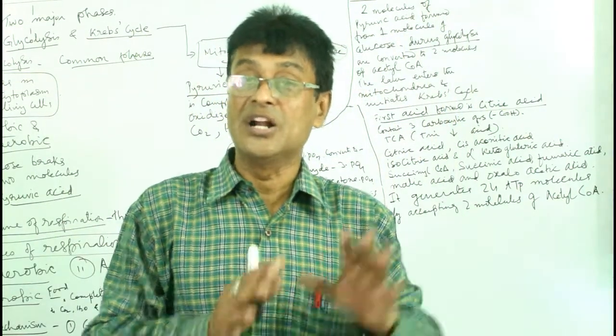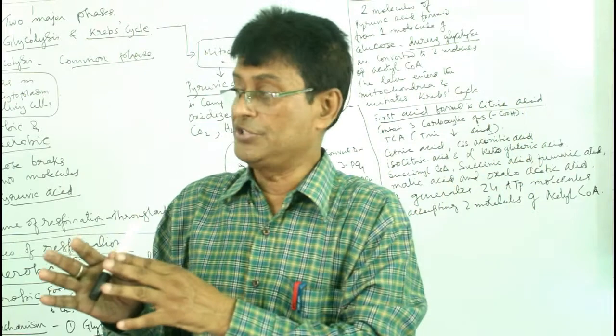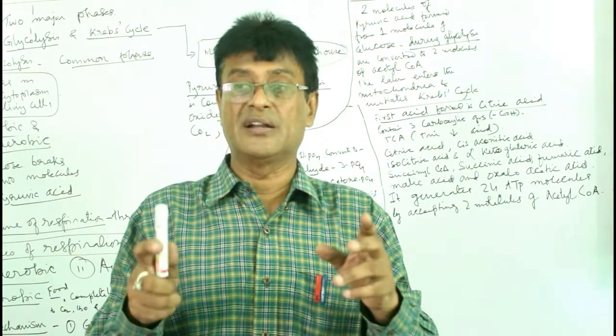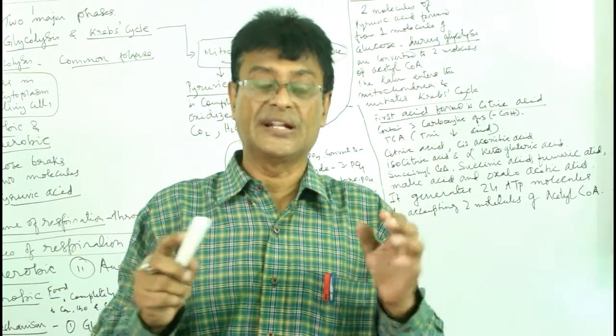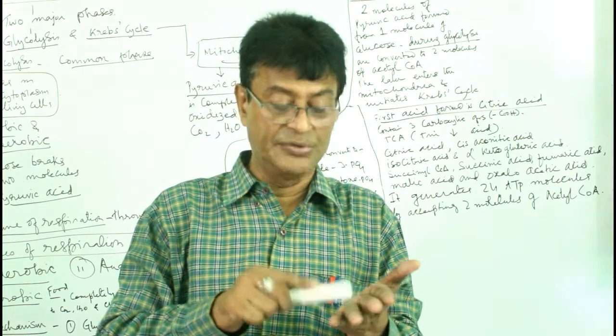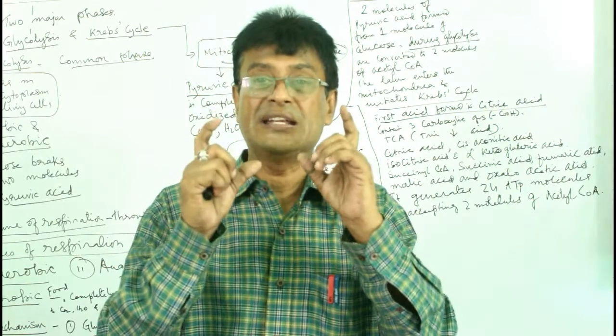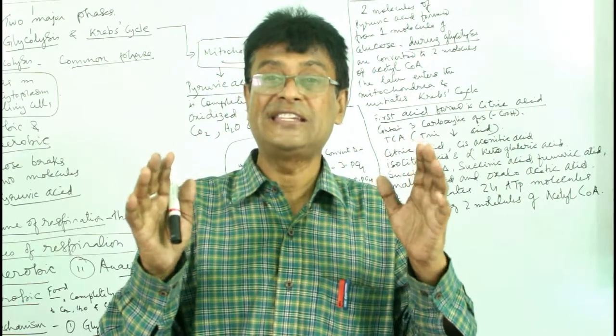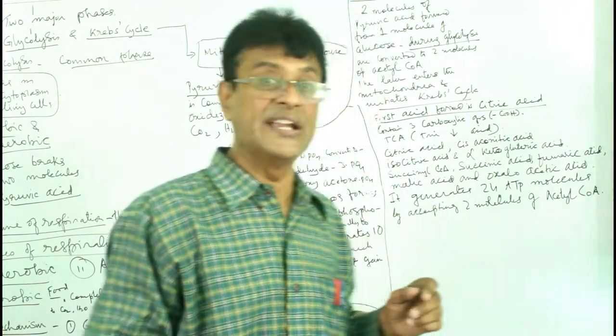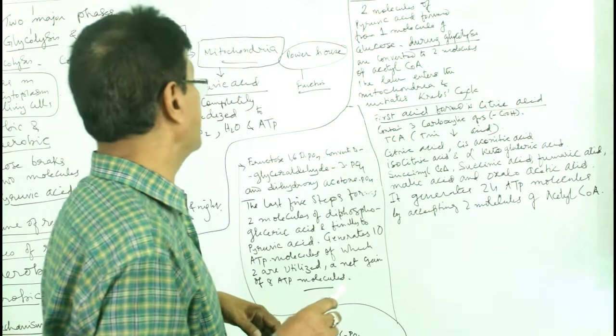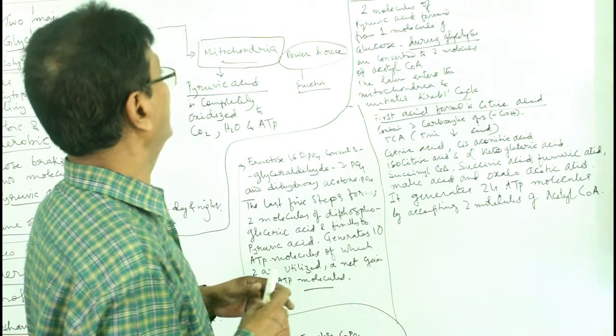So 10 is produced and 2 is utilized, giving a net gain of 8 ATP molecules.